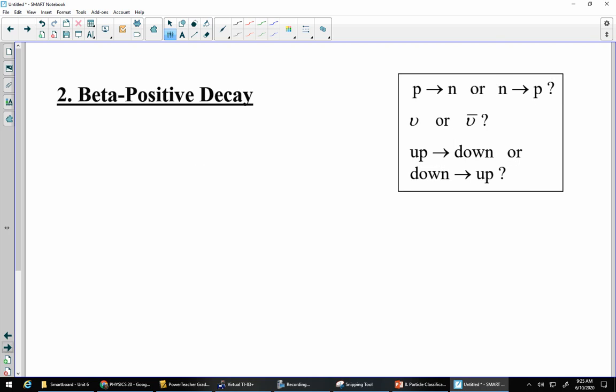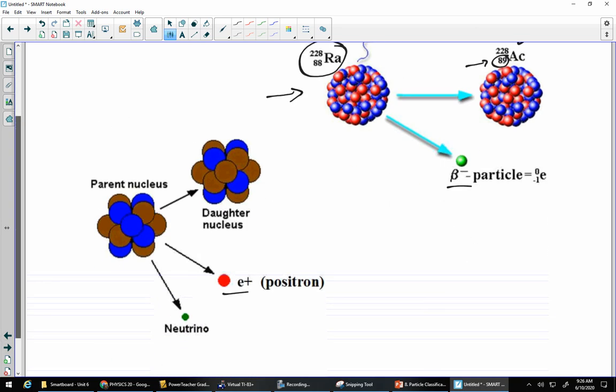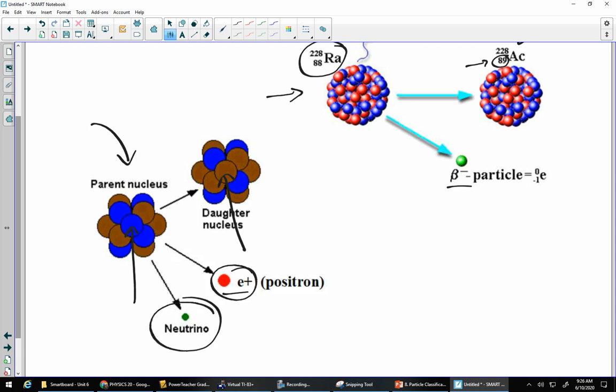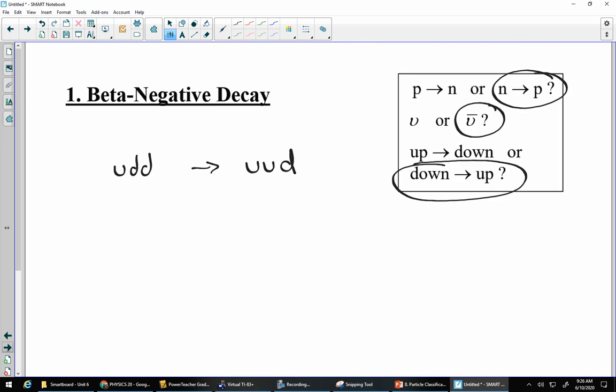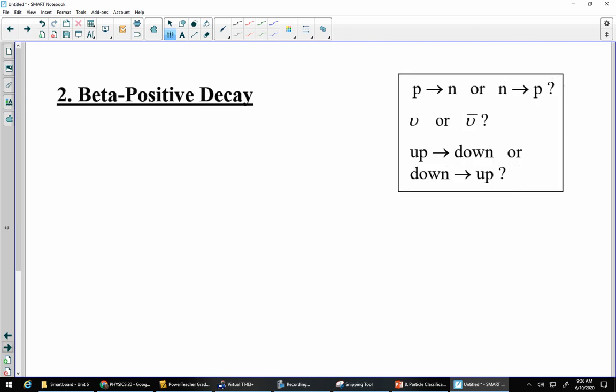Cool. If I look at beta positive decay, it's going to be pretty much opposites, but we can still go back and check it out here. So beta positive decay is this one. I've got a parent nucleus. This might be kind of hard to see, but see this one right in the middle here? That's the one that changed. So I'm kicking out a positron and a regular neutrino.